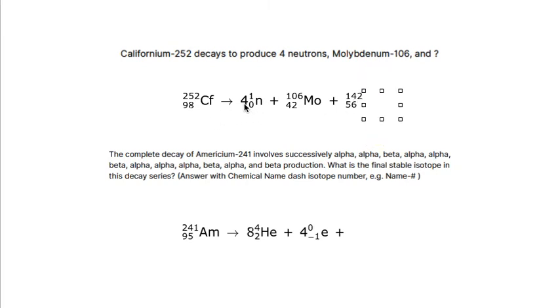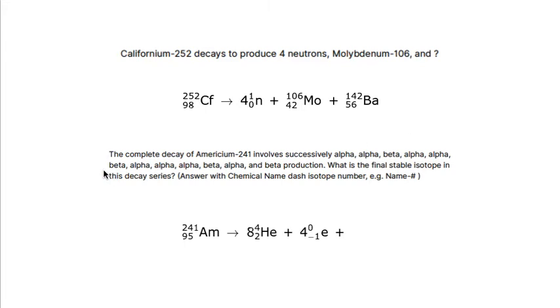Also, we can see that 4 times 0 would yield 0. So 42 plus what number is equivalent to 98? And so you can see already we have 56. But we would take the difference of 98 and 42 to find 56. And we can look up on the periodic table and discover that this is barium.